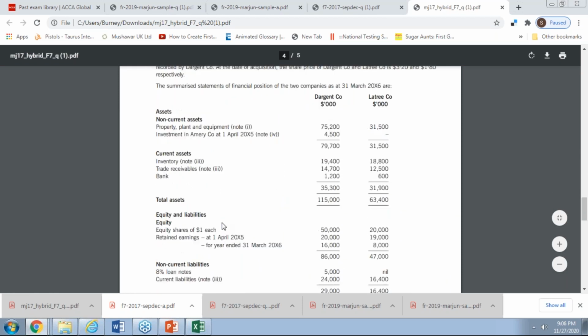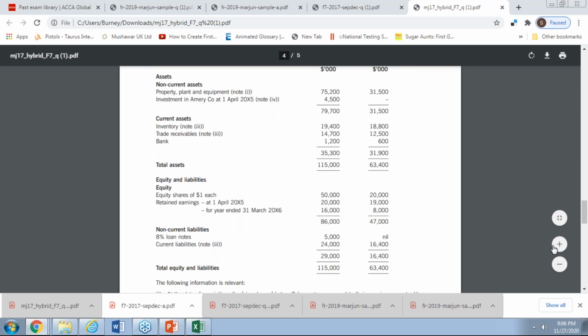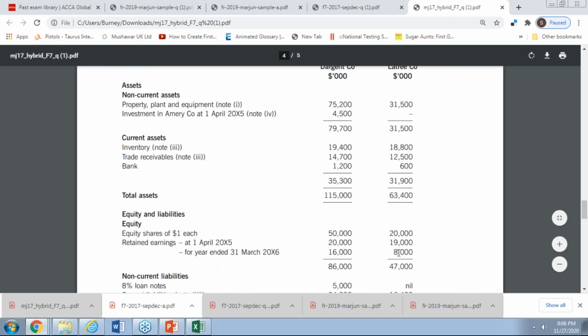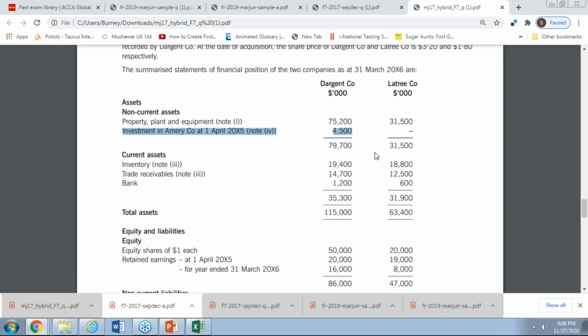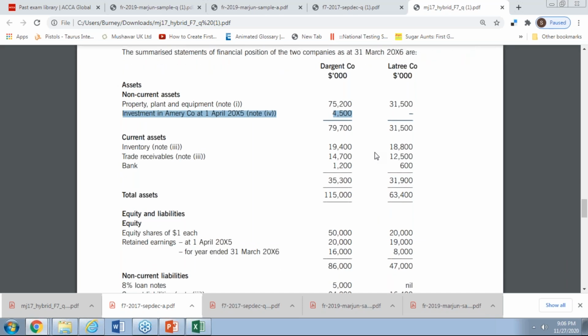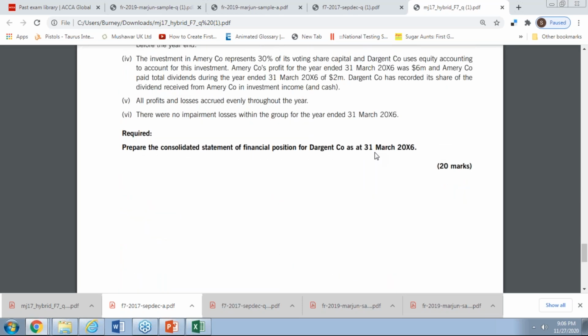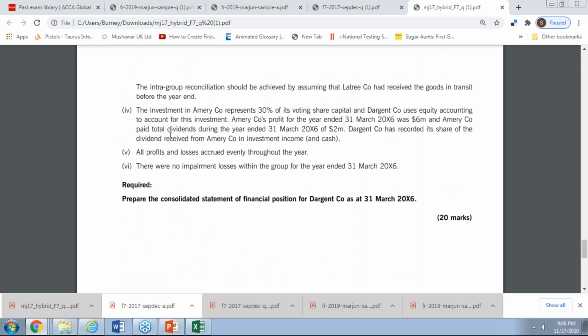Now this was the question that we were attempting in the last class. And you can see here there is an investment in associate having a value of 4,500. And now you can see the note number 4, which we did not attempt in the last class.